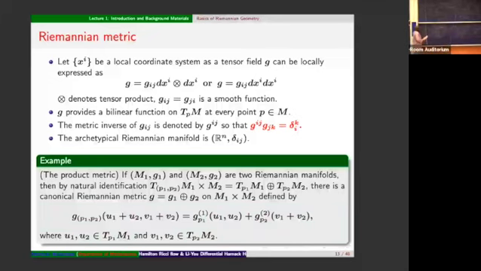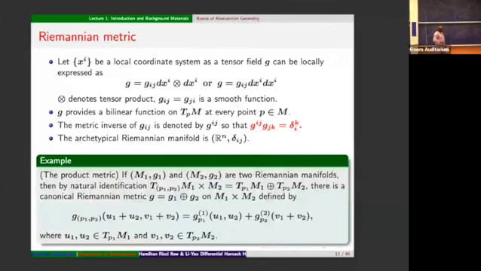Another example is a product metric. If you have M1, G1 and M2, G2, two Riemannian manifolds, then by natural identification you have the tangent space of the product. Because it's a product, just like a Cartesian product, every point has two components, P1 and P2.